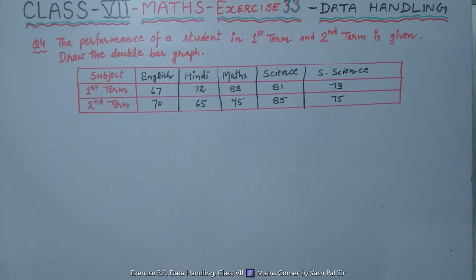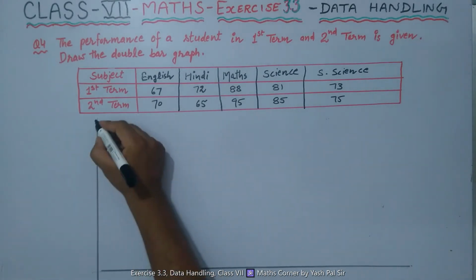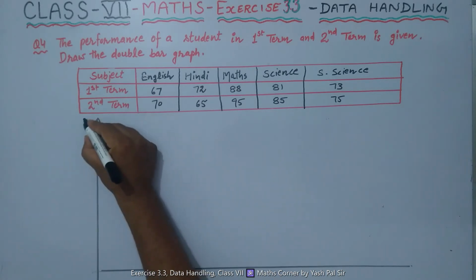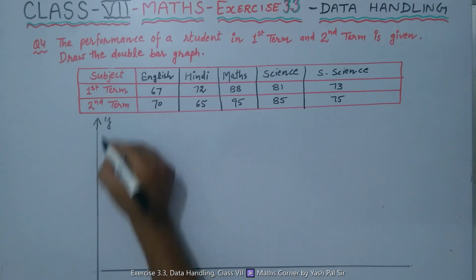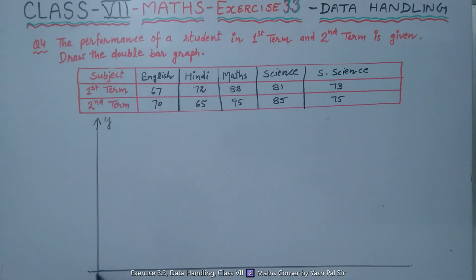First of all we draw the Cartesian plane. This is called y-axis, and here this is 0, and this is called horizontal line, x-axis.